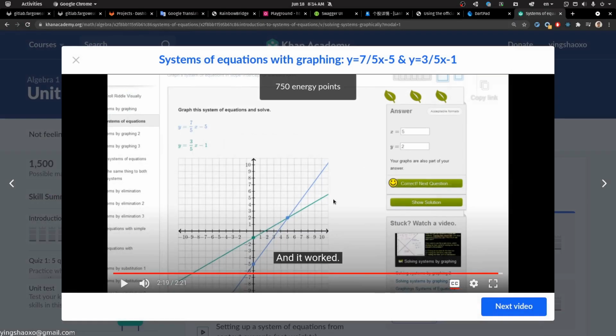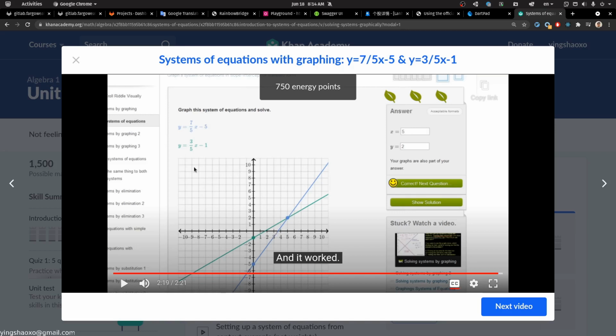This video tells us that if we have two equations, we could draw two lines, and the common solution for both of them is the cross point of the two lines.